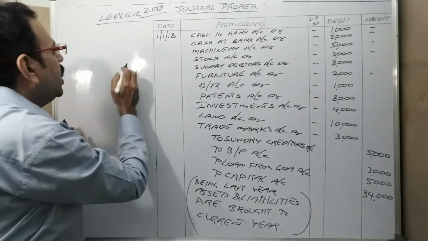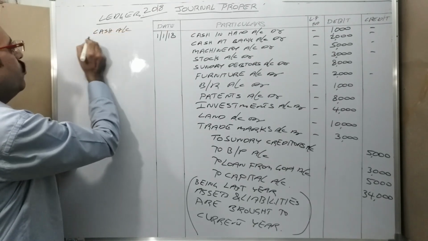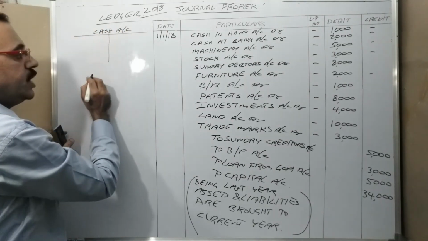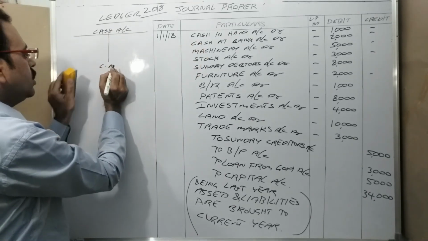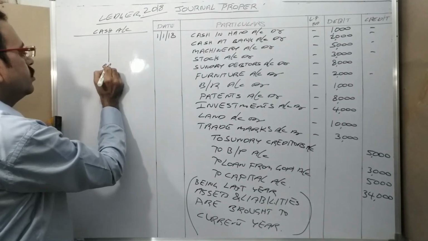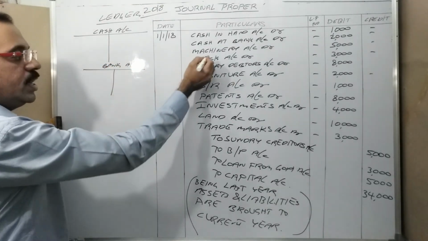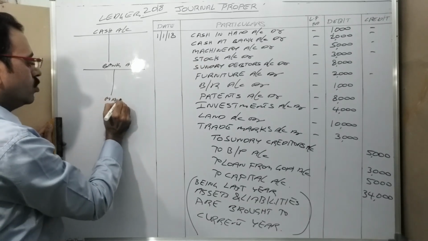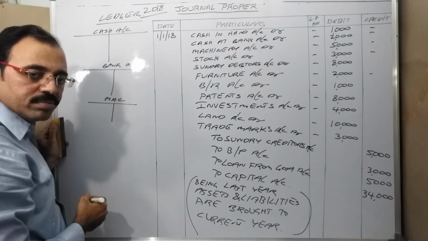With every name a separate account we should open in the ledger book. Cash at bank means bank account. Similarly, machinery account. Similarly, all asset accounts one by one.